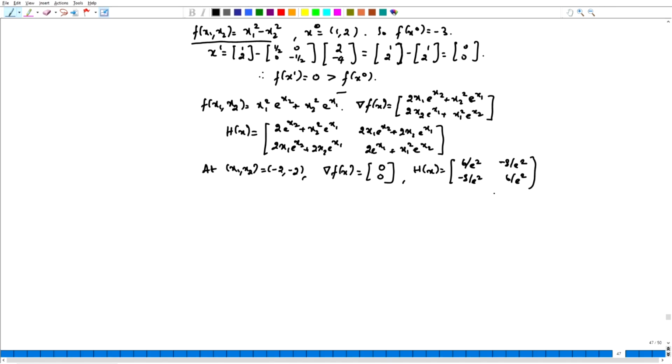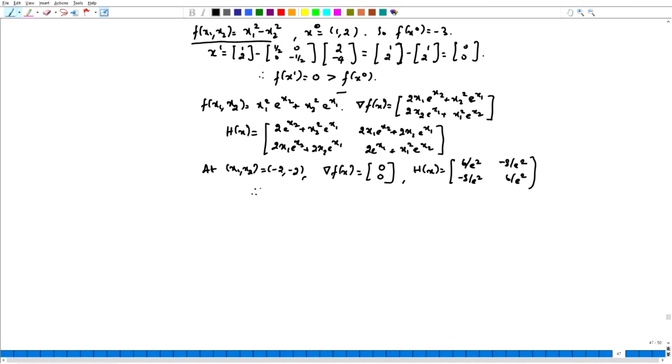So, it is immediate that the determinant of h is negative. If the determinant of h is negative, that means in 2 dimensions the matrix is indefinite. So, this point (-2, -2) is a saddle point.